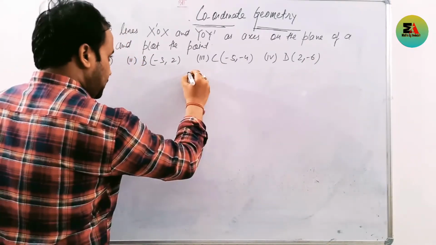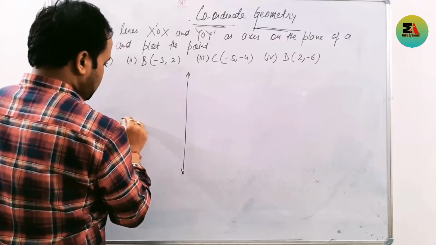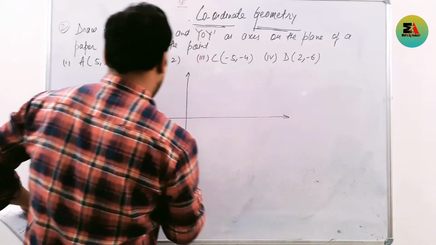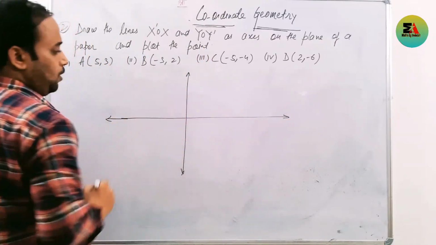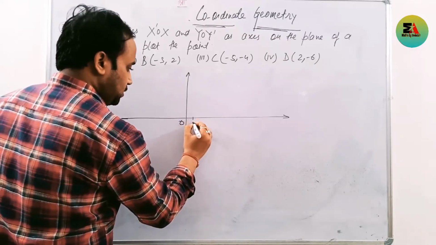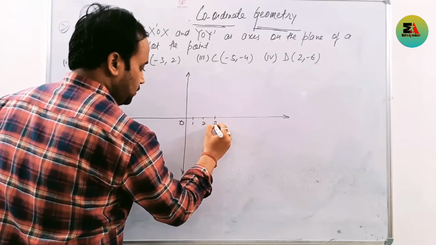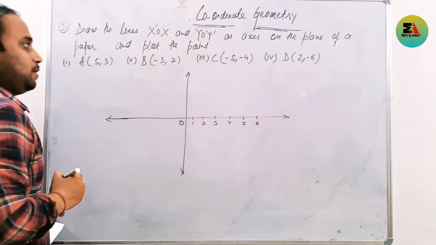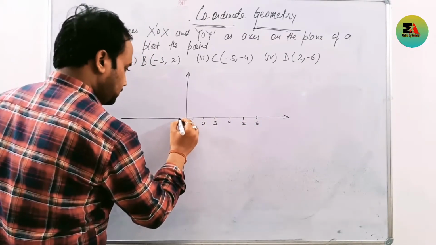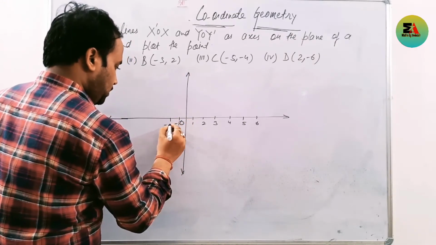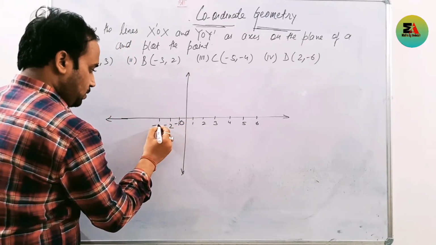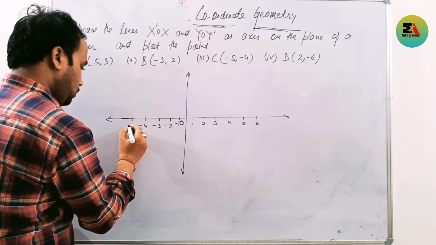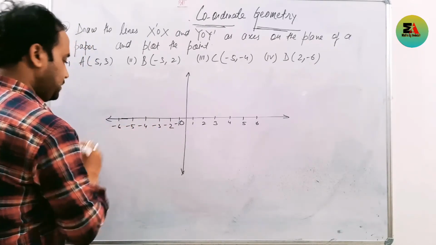Just we have to draw the coordinate axes. This is the origin, this is 1, this is 2, 3, 4, 5, 6. Clear? Same as that, -1, -2, -3, -4, -5, -6.